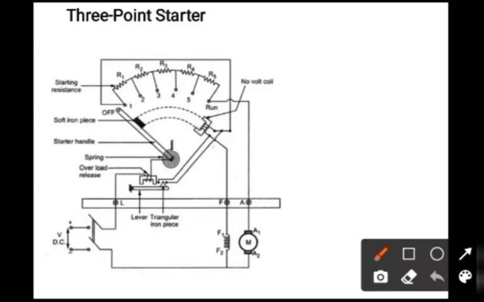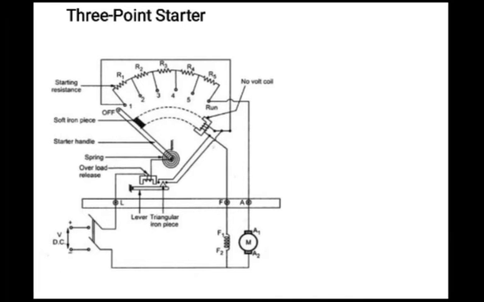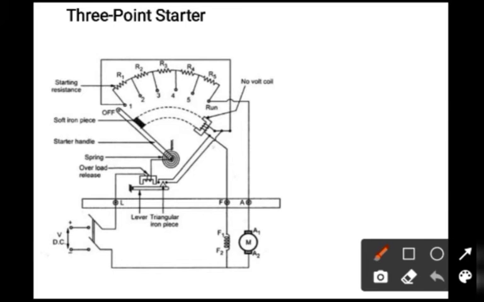Now we are going to see the working of the 3-point starter. To start the DC motor, firstly switch on the DC supply and move the handle in the clockwise direction. When we move the handle from the off position to position number 1, there are positions 1, 2, 3, 4 and 5, and the last one is the final position.